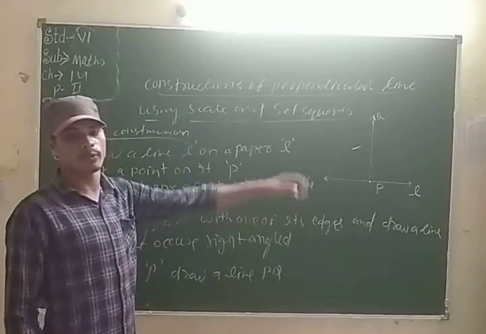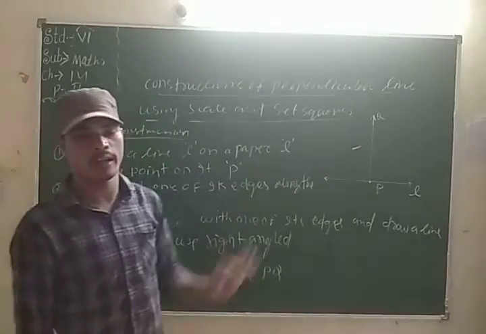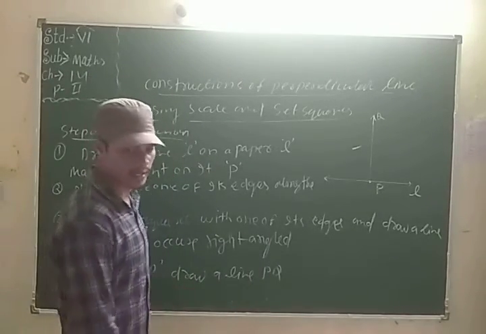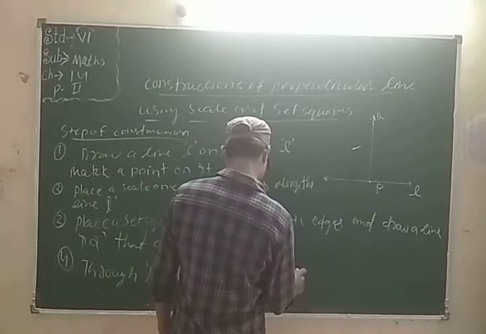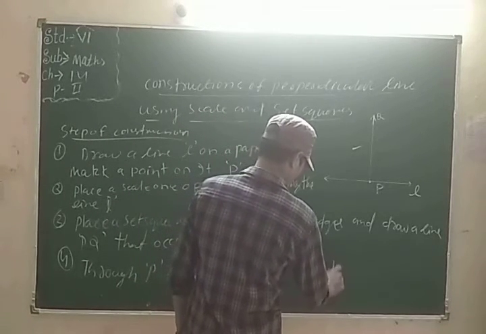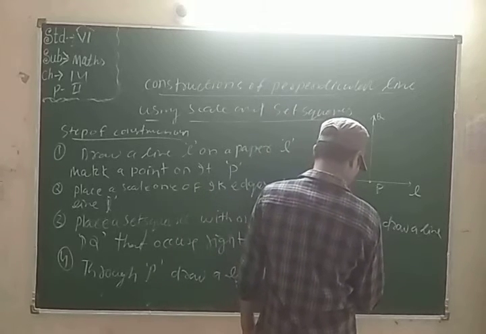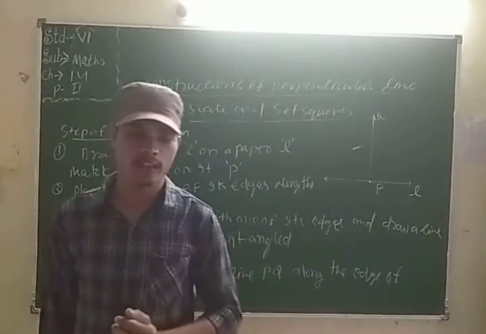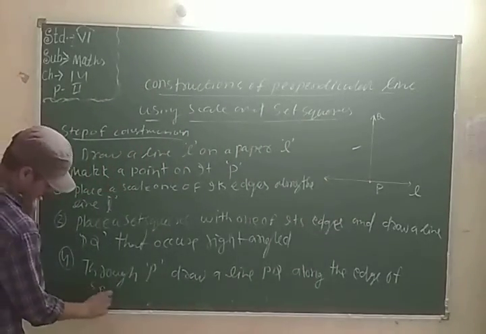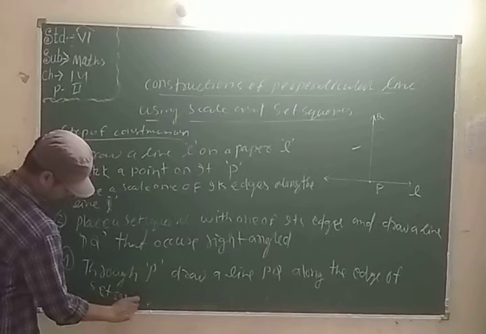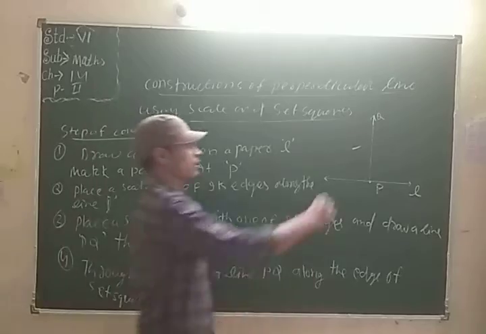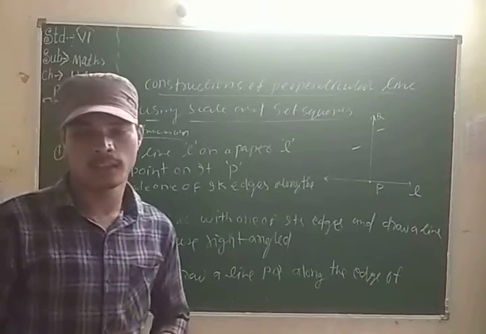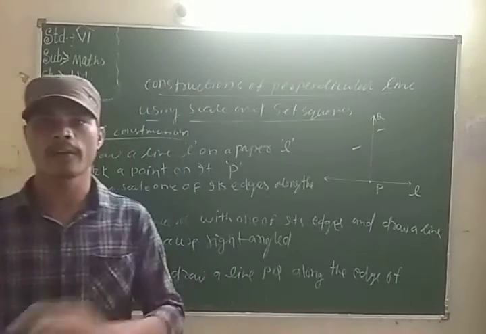Then we can draw a line perpendicular to PQ along the edge of the set square, and we get the required perpendicular. Clear about it? Now we learn two constructions using a compass and scale, and how we can construct a perpendicular.